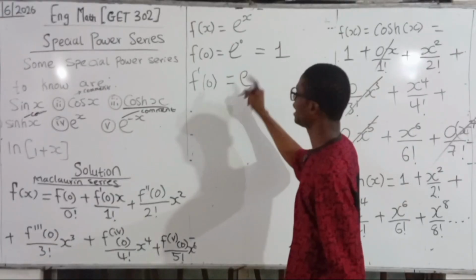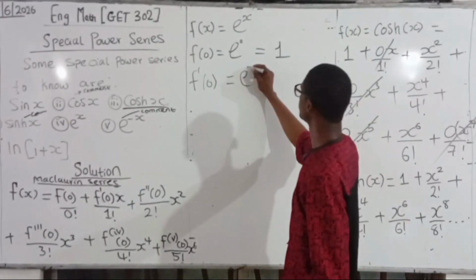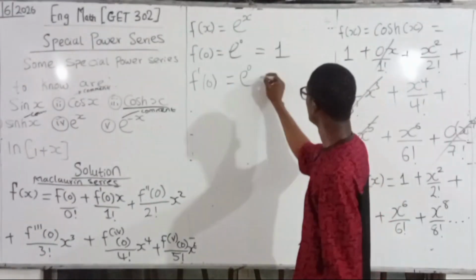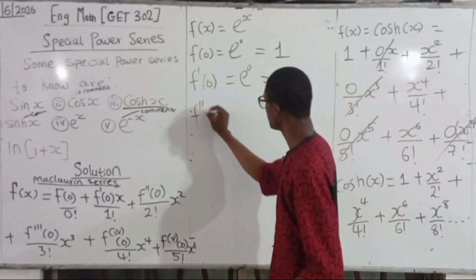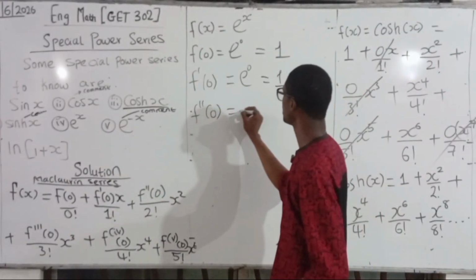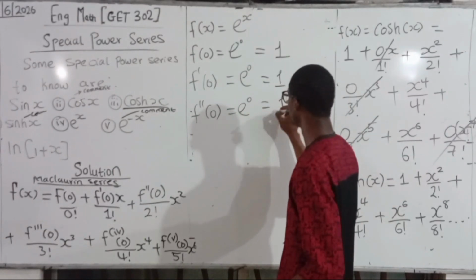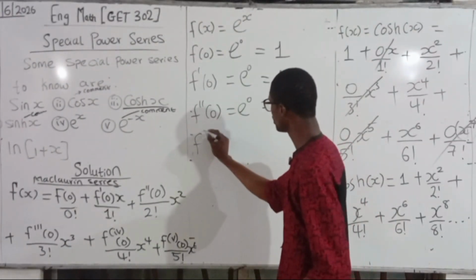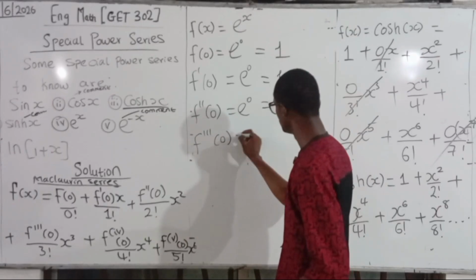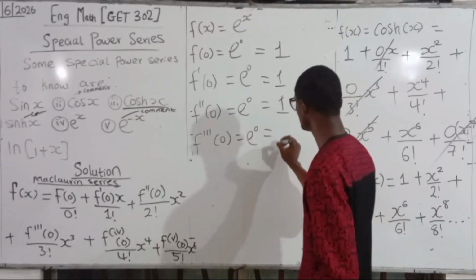You still have exponential x, and you put 0 here, you still have 1. Are you getting it? If you differentiate the next time, what will you still have? Exponential x. Now we have the third one, differentiate, you still have the same thing.